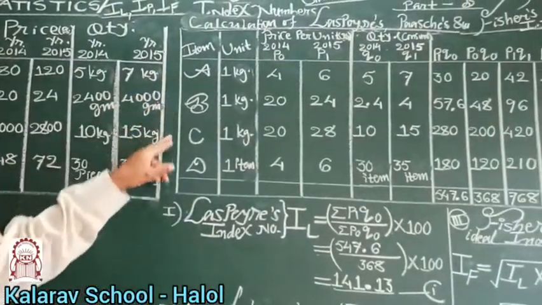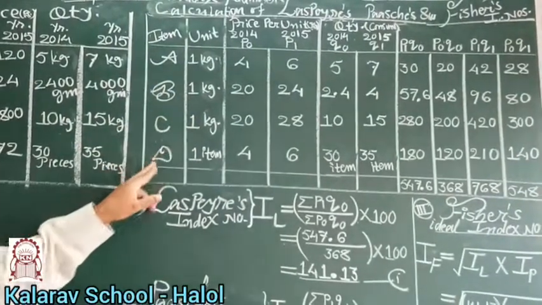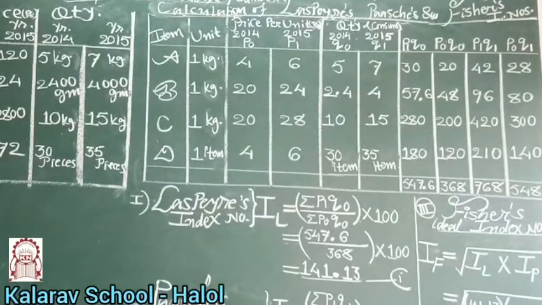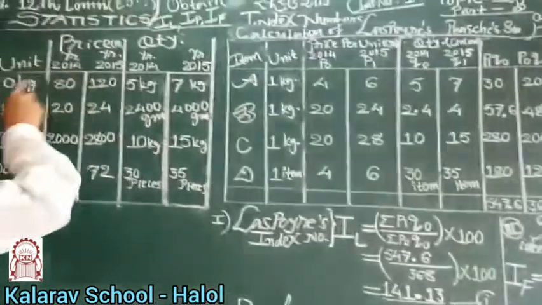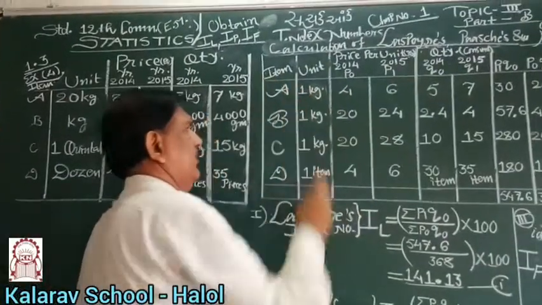Items A, B, C, D are converted into 1 kilogram, 1 kilogram, 1 kilogram, 1 piece. For item A, 80 rupees for 20 kilogram, so 80 divided by 20 becomes 4 rupees per kilogram.